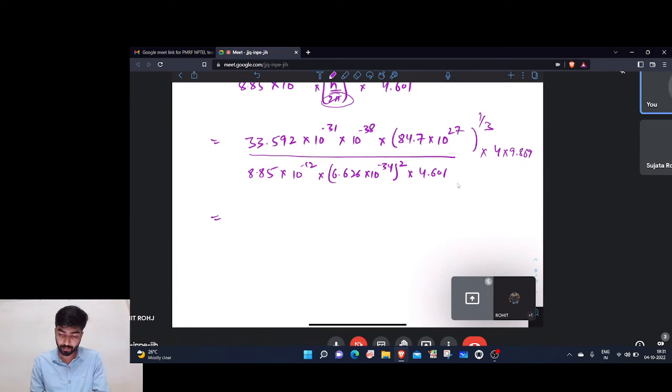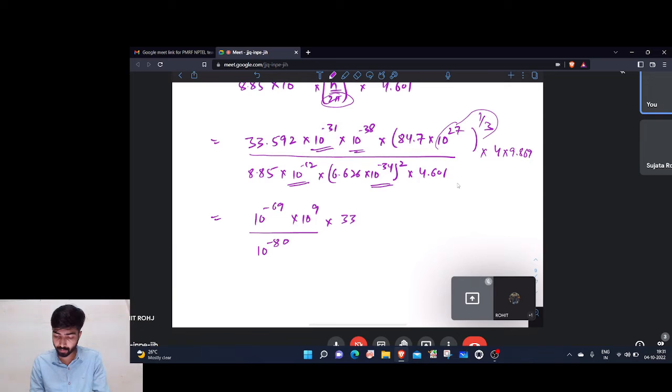So collecting the powers of 10 together, 10 to the minus 31 and minus 38 gives us 10 to the minus 69, and 10 to the power 27 raised to the power 1 by 3 gives us plus 10 to the power 9, and with minus 12 this becomes minus 68, and minus 12 becomes 10 to the minus 80, and the rest of the terms in the numerator we can separate out.